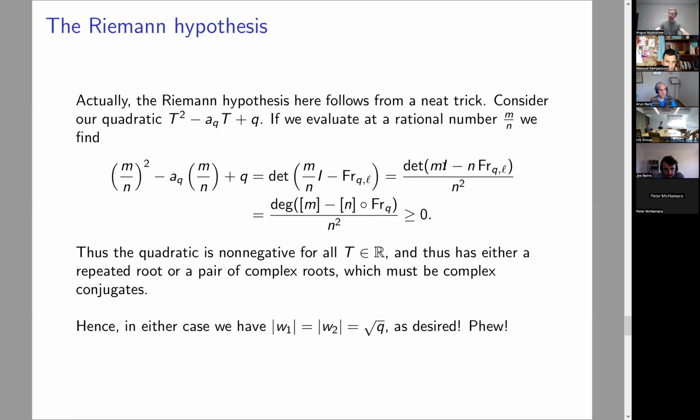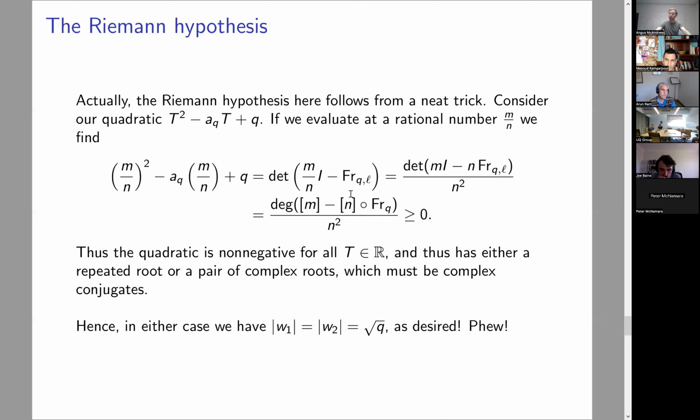But this numerator now, m times I minus n times Frobenius, makes sense as a map that's induced by a map of elliptic curves. This is multiplication by m minus the composition of multiplication by n and the Frobenius. So this numerator determinant is equal to a degree. But the degree is just some positive number, or non-negative number at least. The denominator is some number that's non-negative.